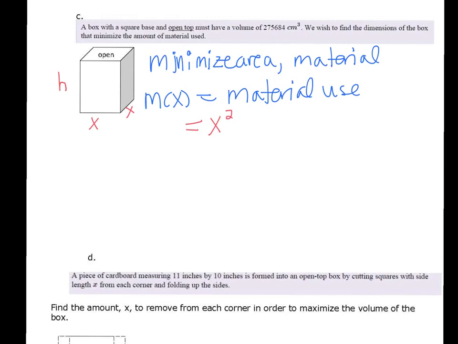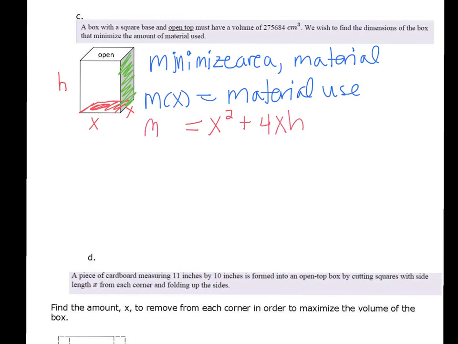This red area here, x times x, is going to be the material at the bottom of the box. And then if we want any one of these sides, like the one I'm going to shade in green, the amount of material for that would be h times x, or x times h. And there's 4 sides, so it'd be 4xh.